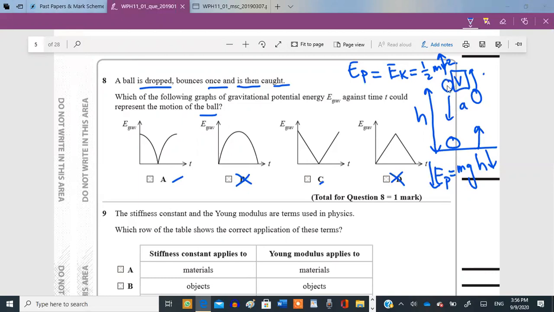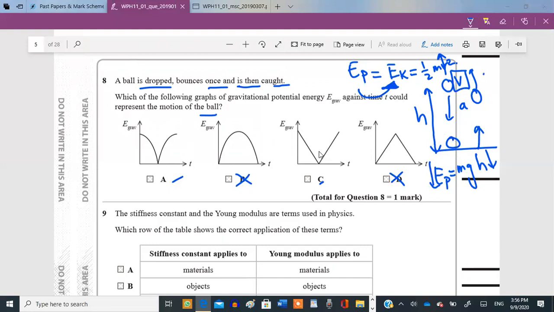So if the velocity is increasing, it is not constant. This means that the rate at which the potential energy is being converted to kinetic energy is also increasing. It is becoming faster and faster, because the velocity increases at a faster rate.